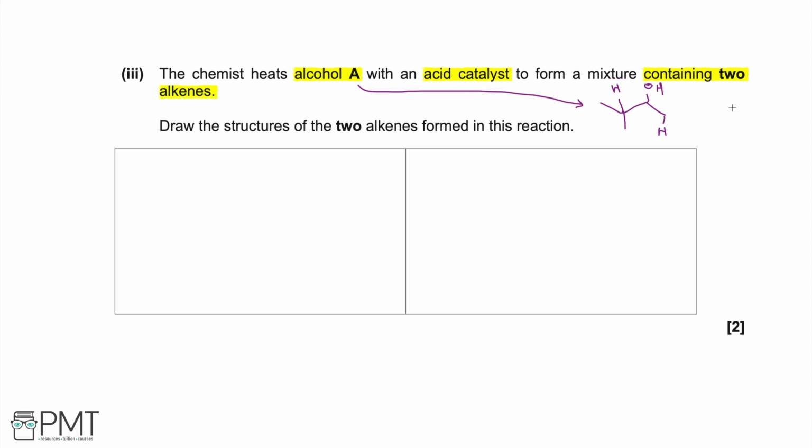And the trick here is that either of the adjacent hydrogens can be lost to form the double bond. So one double bond is going to form here, and the other double bond is going to form here.